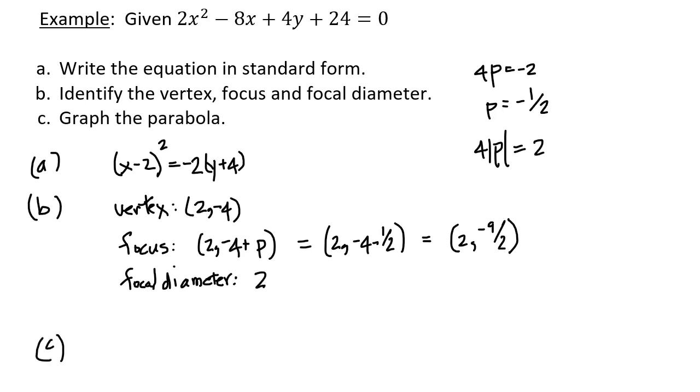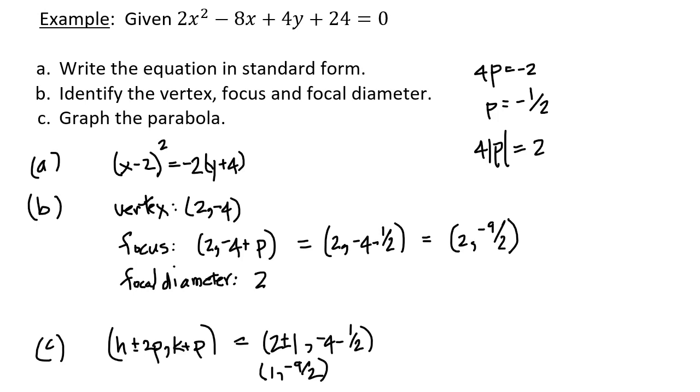To graph the parabola, I'm going to find the 2 points that are on the latus rectum. So I have h plus or minus 2p and k plus p. So these 2 points will be 2 plus or minus 1 and negative 4 plus negative 1/2.